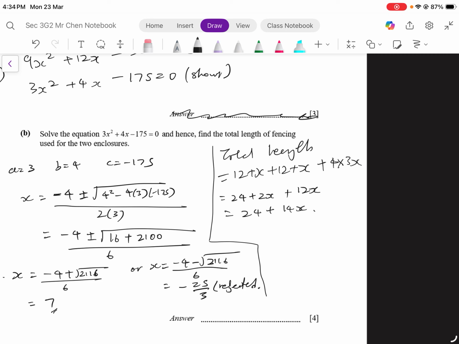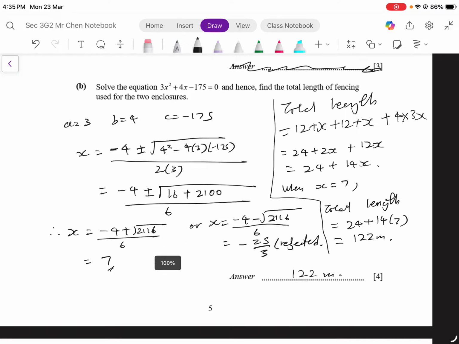So when x equals 7, total length equals 24 plus 14 times 7, which is 122 meters. So it should be 122 meters for the whole length.